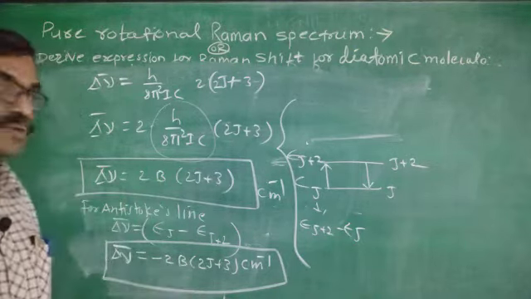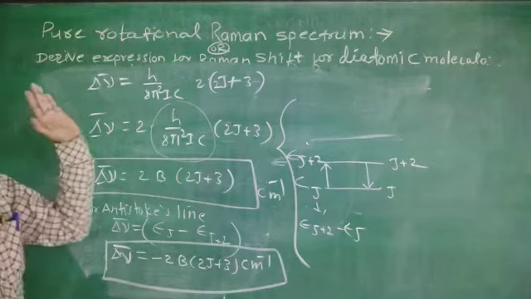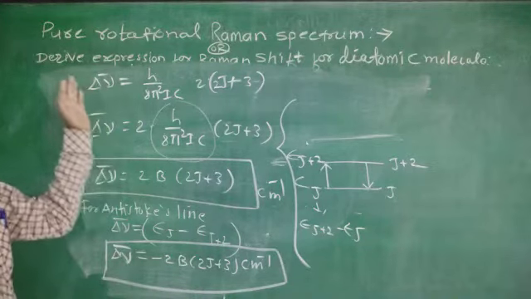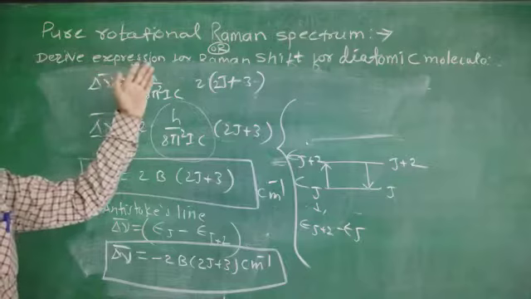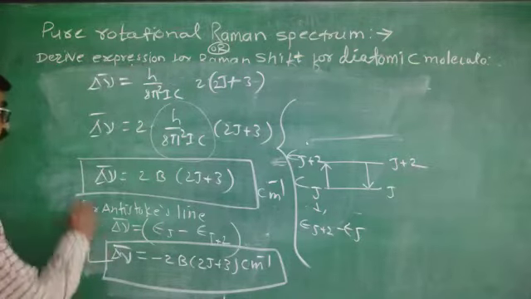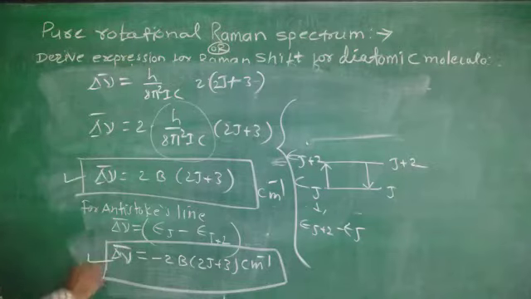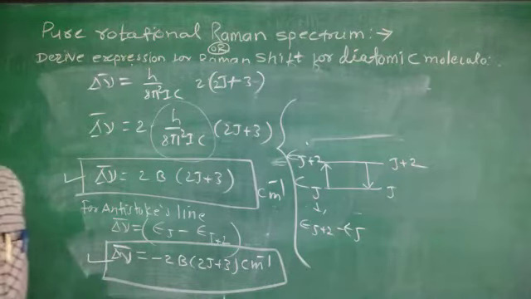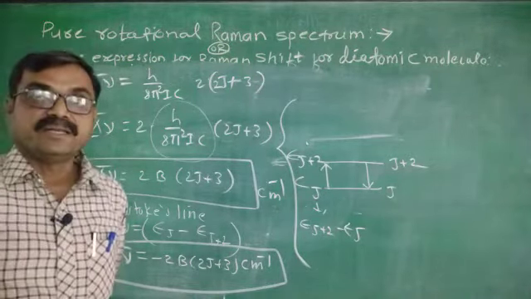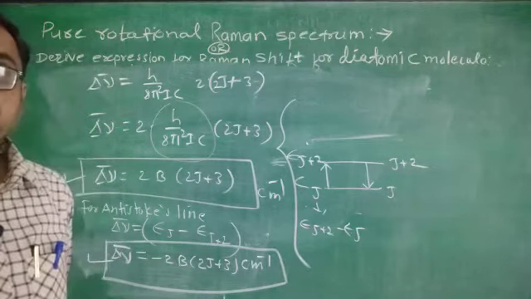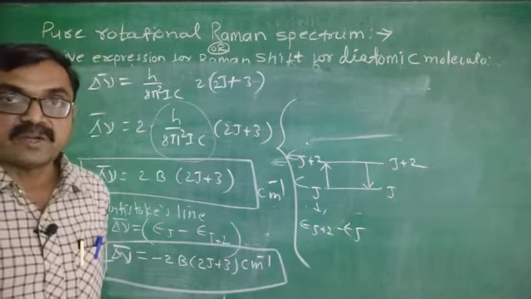Now this is the pure rotational spectrum, the derivation for the expression for the Raman shift. This is the expression for Raman shift in the diatomic molecule, and it is the Raman rotational spectrum of diatomic molecule.